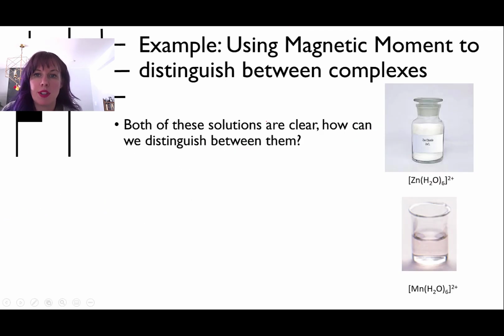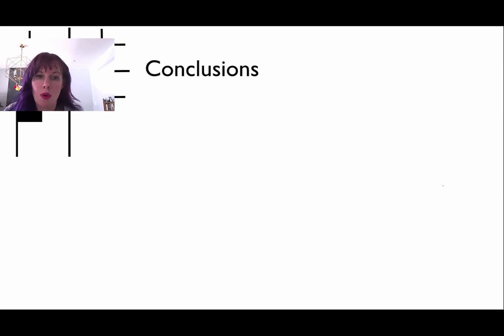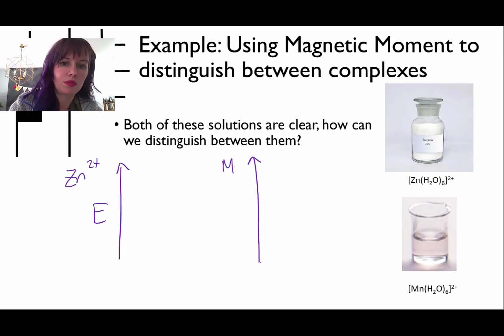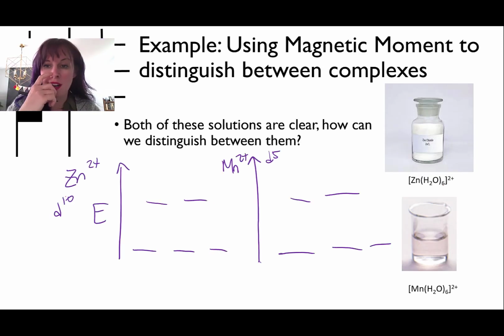So here's an example using magnetic moments. How can we distinguish between these two solutions? Let's just say that we knew that one was zinc and one was manganese, but we forgot to label these. Well, what we could do is write out the crystal field splitting for both of these.